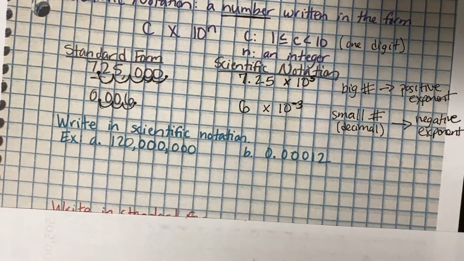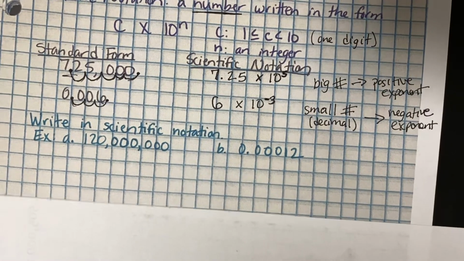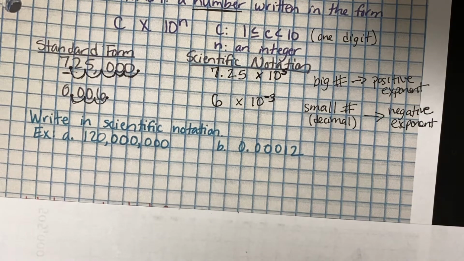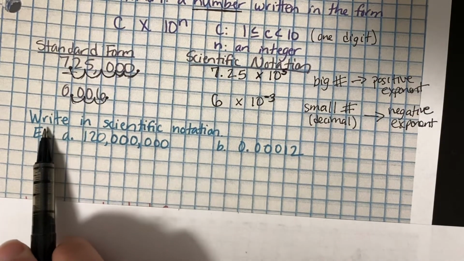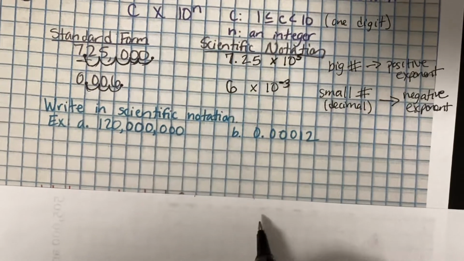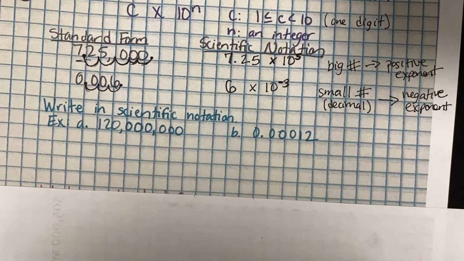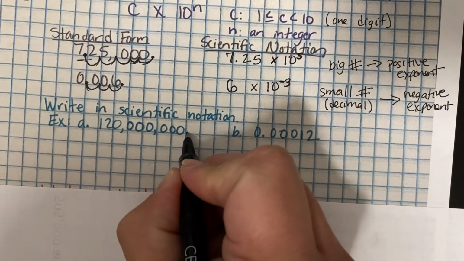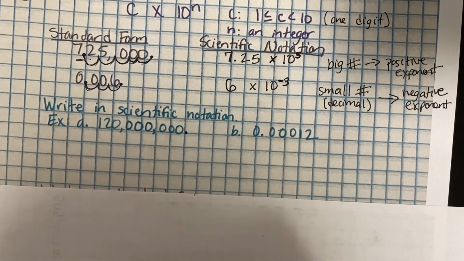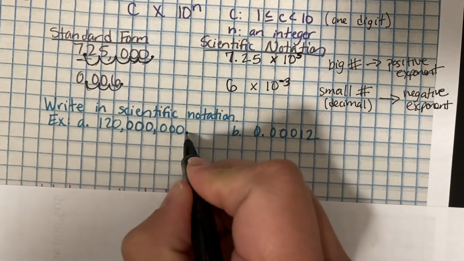So we're going to have a couple problems on here that are going to ask us what we should do. So I have two standard forms, and our directions say to write in scientific notation. So we're going to do just the same as we did above. I'm going to put my decimal here at the end because there isn't one, and we're going to move it.